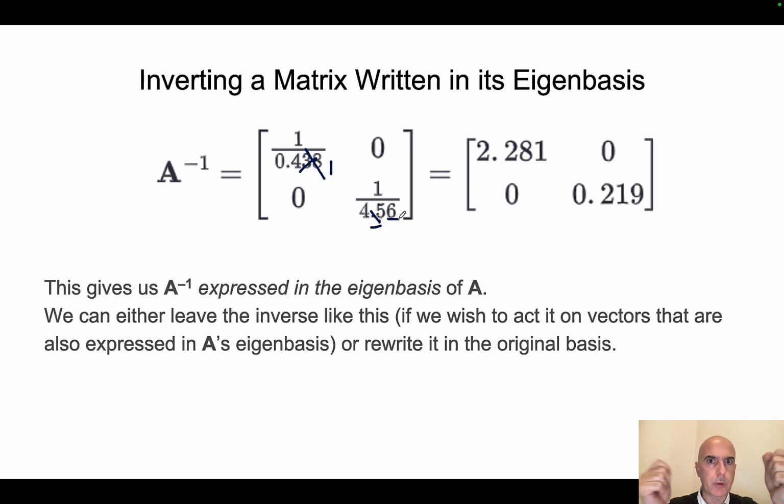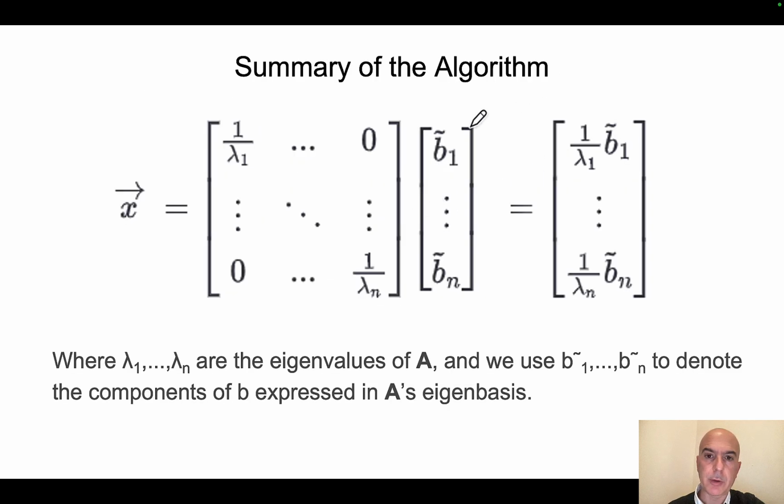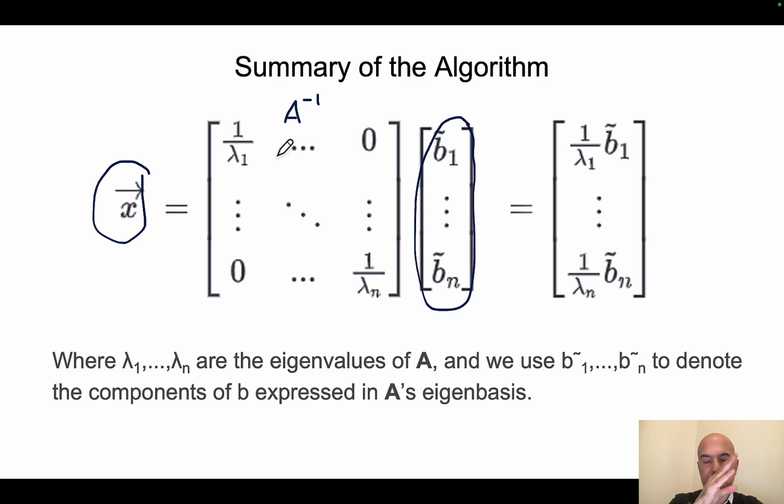Basically, we then need to bring back the eigenvectors of the problem to move it back to the original basis. In this particular case, we're going to use the vector, the source, expressed in the eigenbasis of A. So we can express the solution of our problem as a matrix multiplication of A to the minus 1, which has on the diagonal all the reciprocals of the eigenvalues of the original matrix A, and the rest is 0.